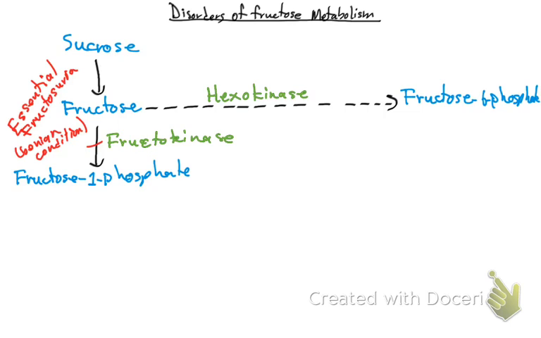Now then you have your fructose, you go to fructose 1-phosphate, everything is fine. Now this fructose 1-phosphate needs to go to 2 places. One of those places is called DHAP, and the other place is called glyceraldehyde.